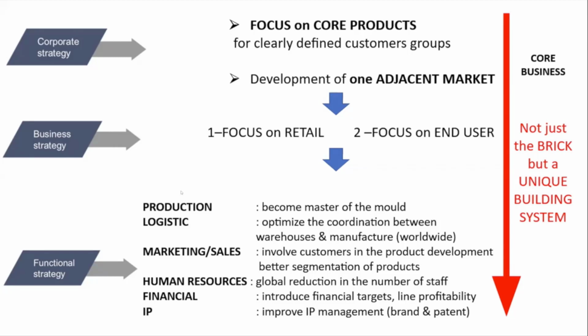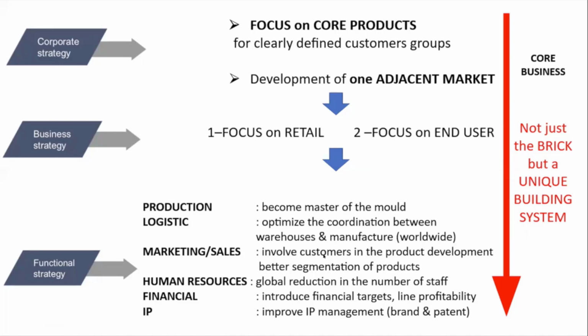At the last level, the functional one, we could describe the strategy for several departments. For example, for production, the strategy could be to become the master of the mold. From a logistics point of view, it could be to optimize the coordination between warehouses and manufacturers, and this worldwide.